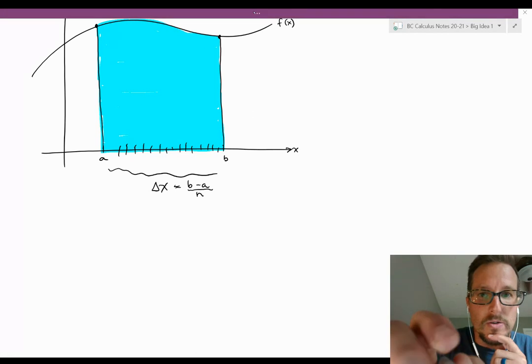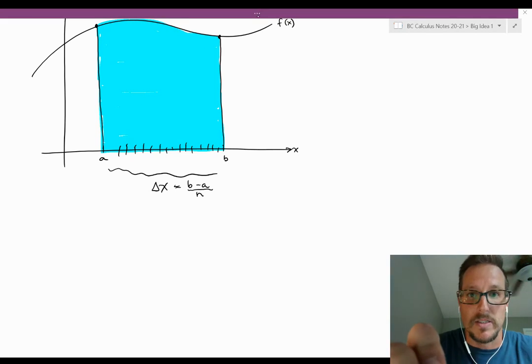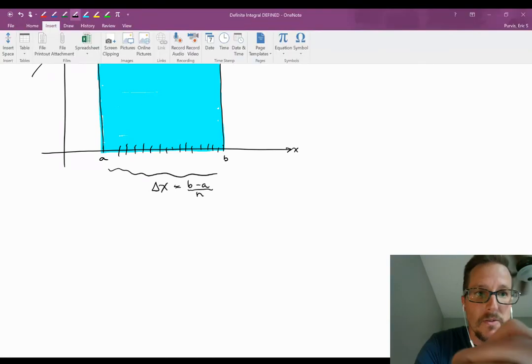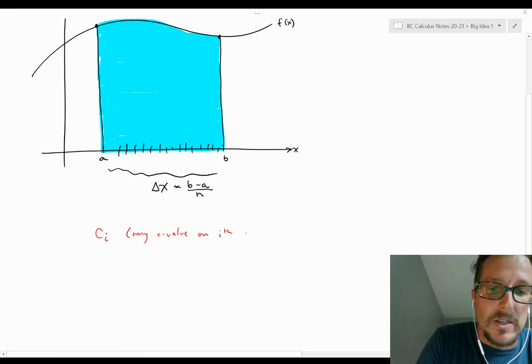So what we want to do now is, on one of these subintervals, select any x value that exists on a subinterval, right? So we're going to call that point c sub i. So c sub i is just any x value on the ith subinterval.